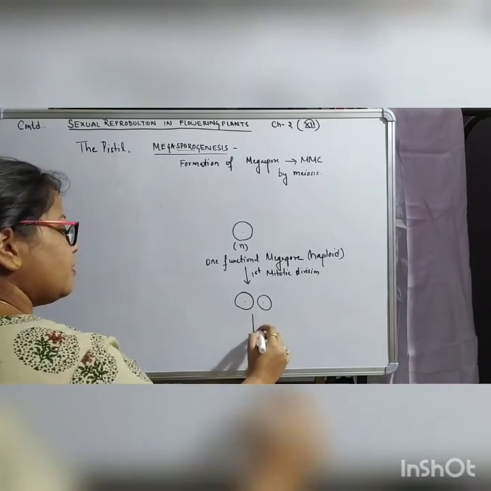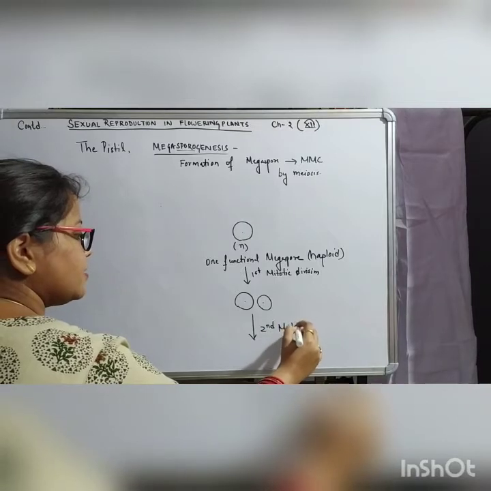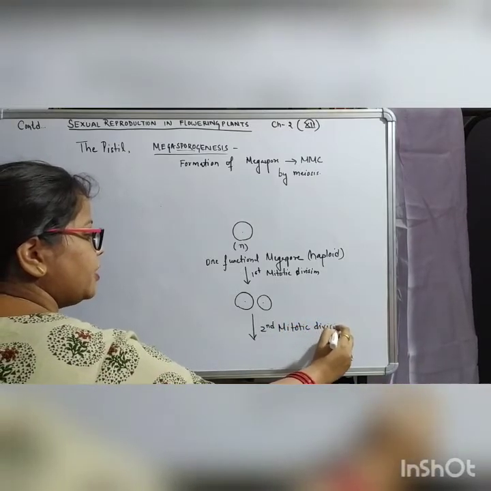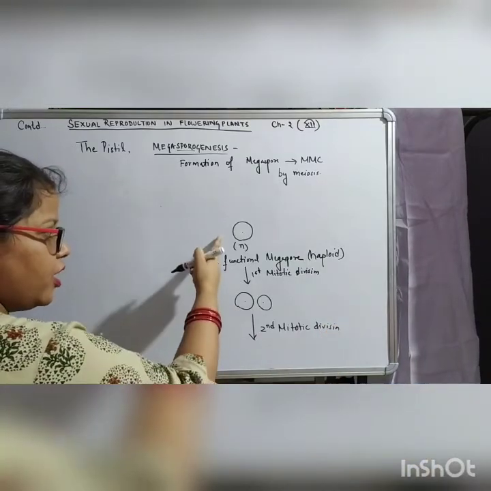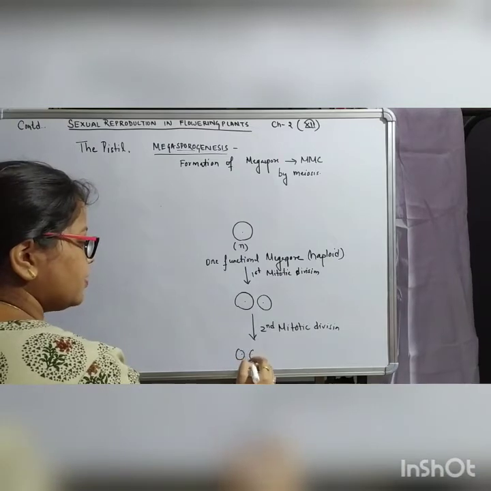Second mitotic division will take place, and we will end up with how many cells? If one gives 2 cells, then 2 would give 4 cells.